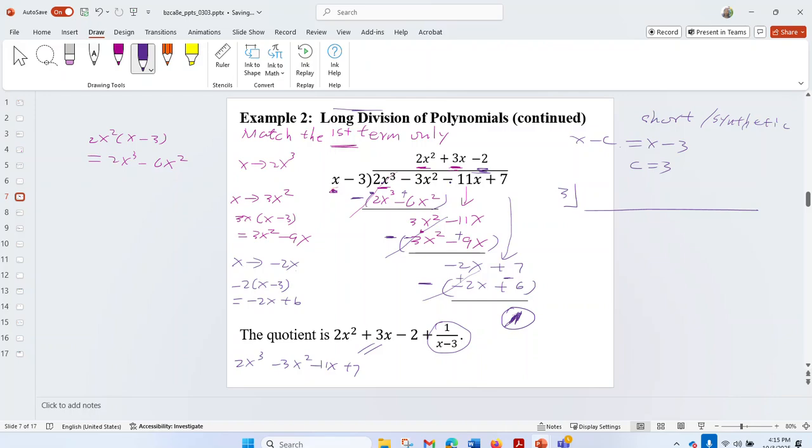So I will start with 2, and then this one will be negative 3, this one will be negative 11, and then the last item here is 7. Okay, this is using the short or synthetic division. You only use the coefficient for each item. And if you have a missing item, like if I'm missing the x term here, I will need to supply the 0.